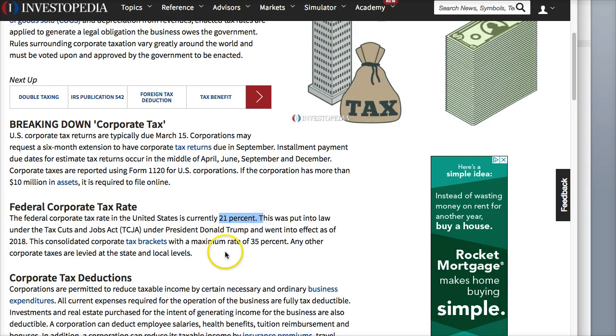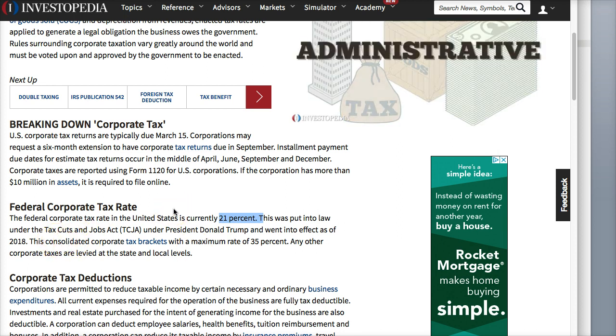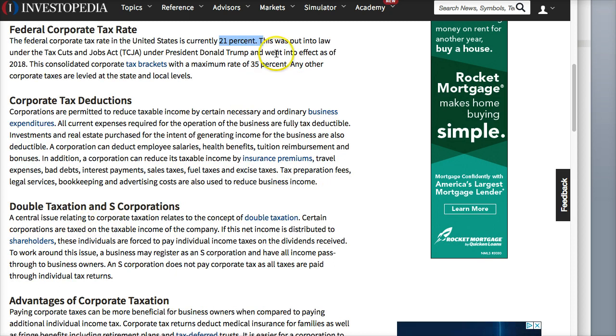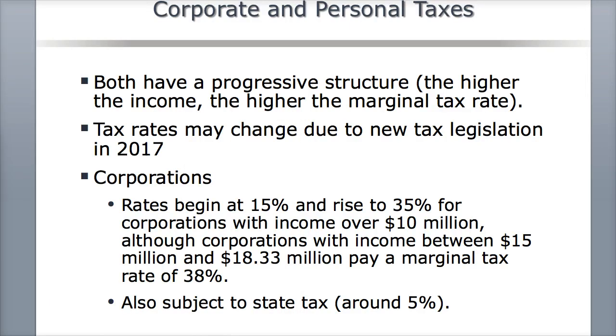It's right here, 21%. And that's the new Tax Cuts and Jobs Act that basically created a flat tax for the corporate tax rate. It also changed the corporate tax deductions. So the corporate rate has changed significantly since that new tax ruling, that you should be aware of.